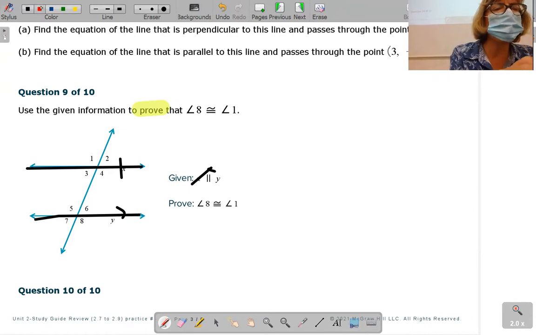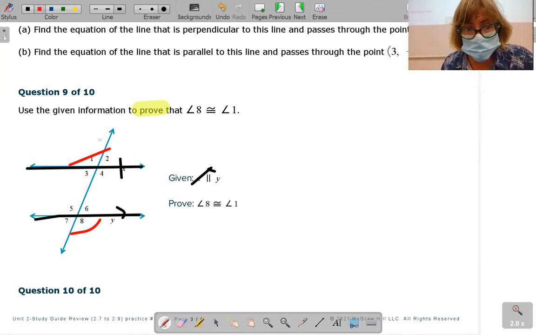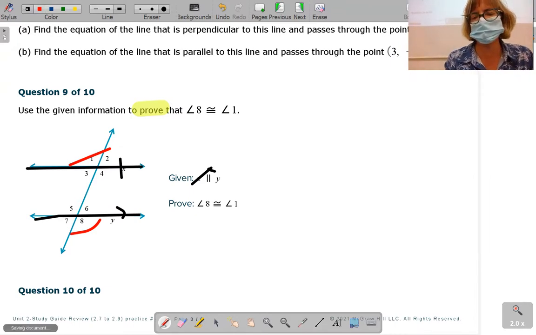And we're being asked, how do you know that 8 and 1 are therefore congruent? This is literally a two-step problem. So your proof is going to look like this.